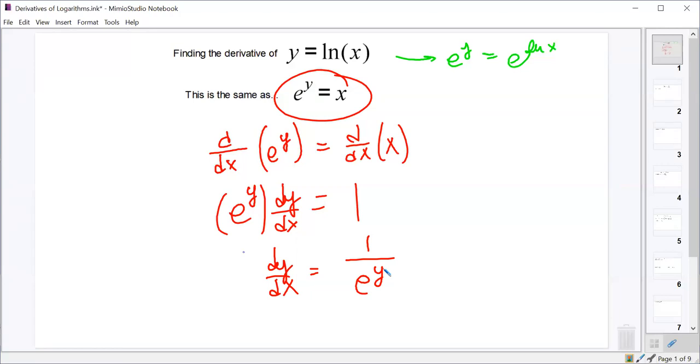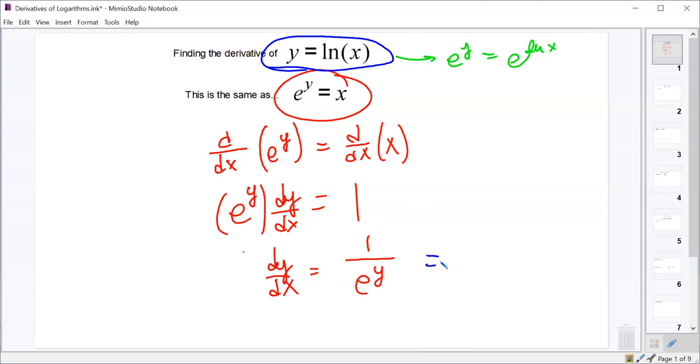Now, our original equation was all in terms of x. It was a function of x. Whenever our function starts as a function of x, we'd like our derivative also to be a function of x. So how could I rewrite 1 over e to the y? You could replace the y with the ln x.